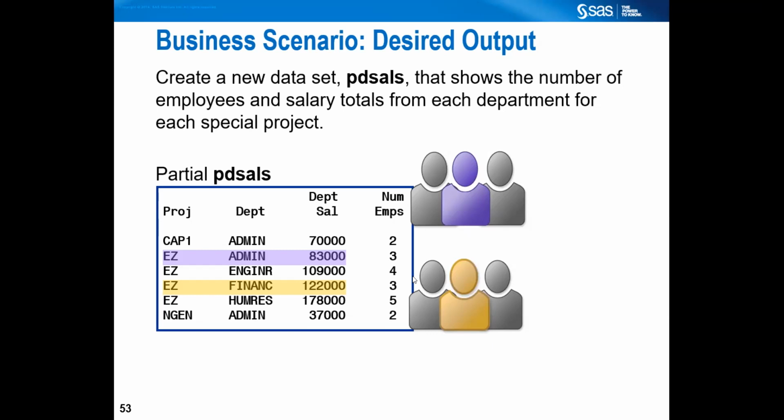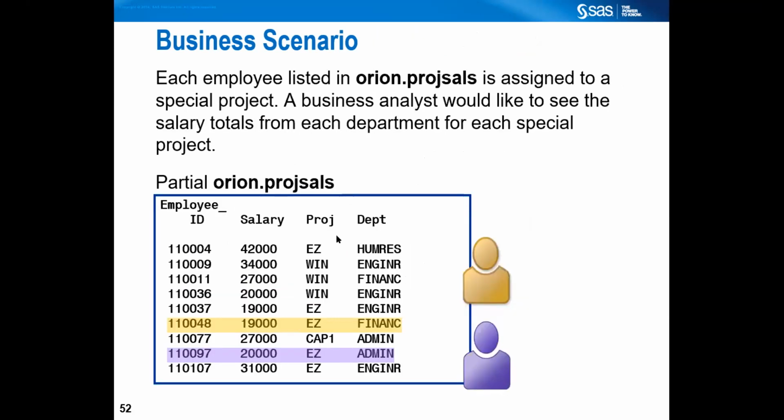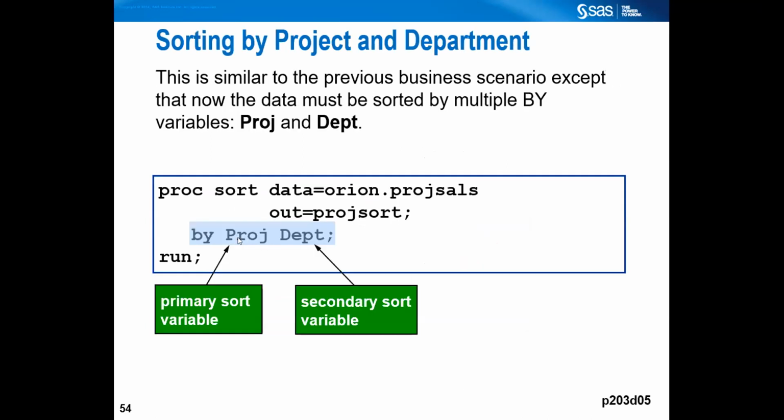Of course, now you have two variables on which your data has to be sorted, department and project. So that will be your first step: sort your data by project, by department. This is similar to the previous business scenario, except that now the data must be sorted by multiple variables, which are project and department.